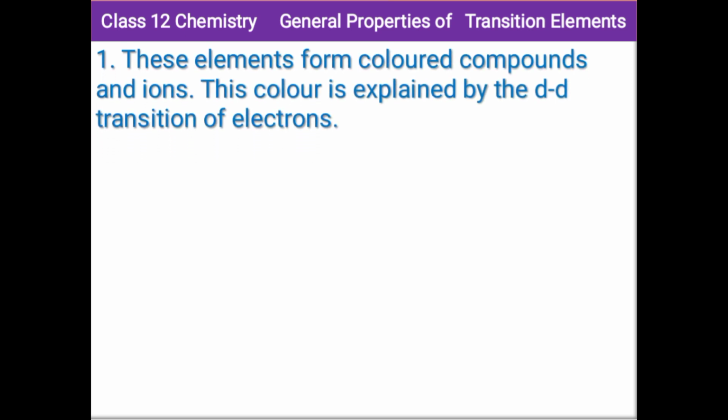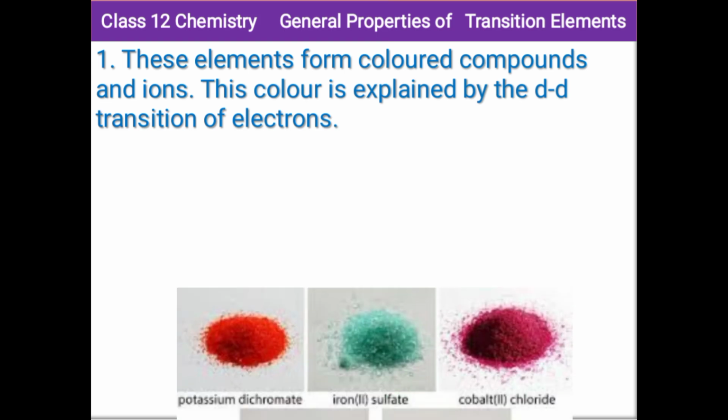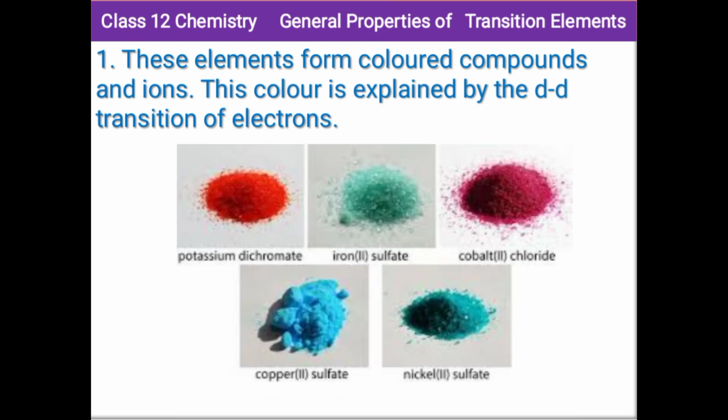Number 1, these elements form colored compounds and ions. This color is explained by the d-d transition of electrons. Students, transition elements have d orbitals. The d orbital is split into two sections. One has higher energy and the other has lower energy. The electrons jump from lower to higher energy.